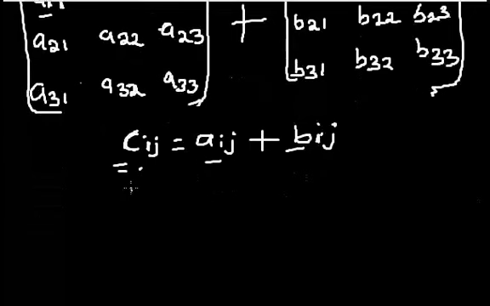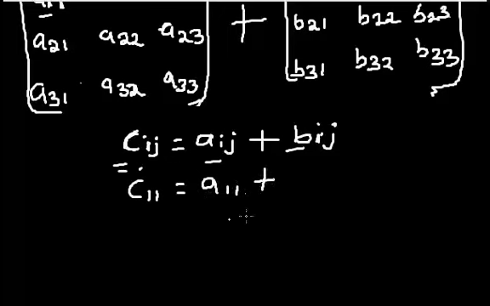So if I'm looking for C11, it is the addition of A11, row 1 column 1 of the A matrix, plus B11, row 1 column 1.